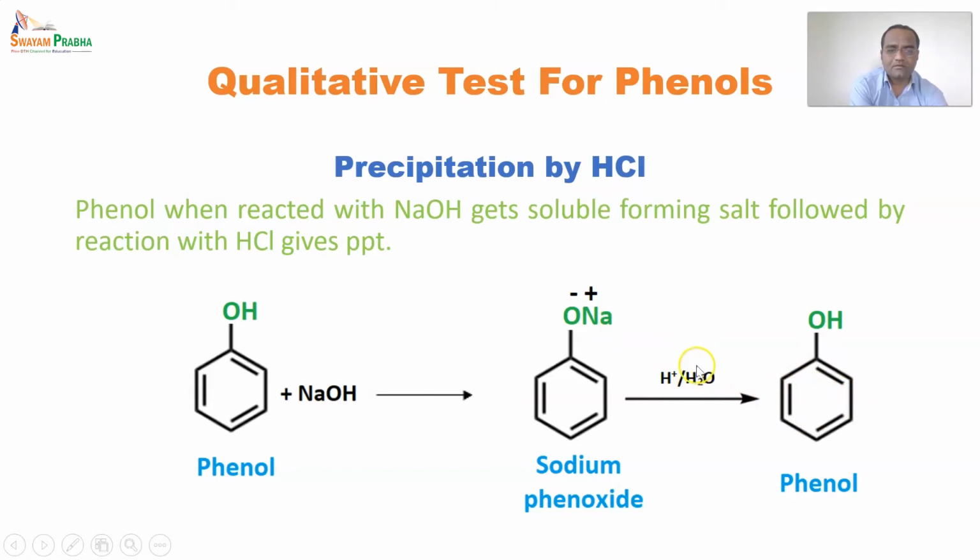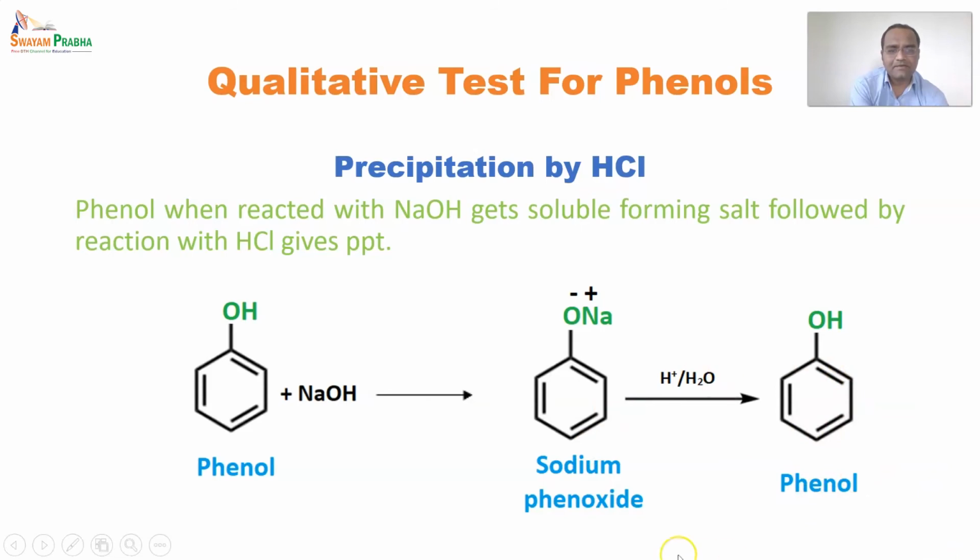And whatever space there was for dissolution is utilized by the sodium chloride formed from the reaction with HCl, due to which there is no space for phenol, and it forms a thick white color, a precipitate of phenol.